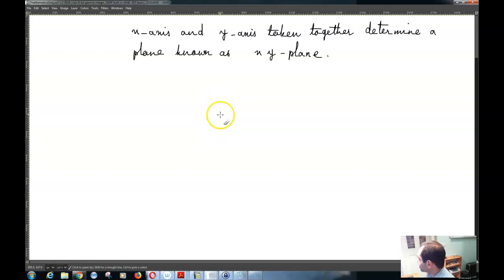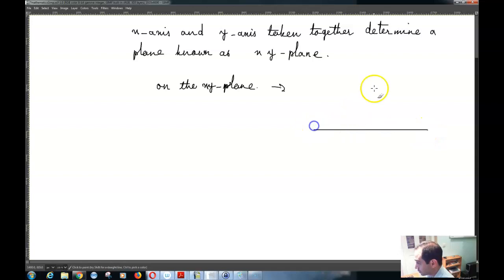And the coordinates of points on the xy plane are of the form, so on the xy plane, basically what you have is, over here, this is y, this is x, and this is z.